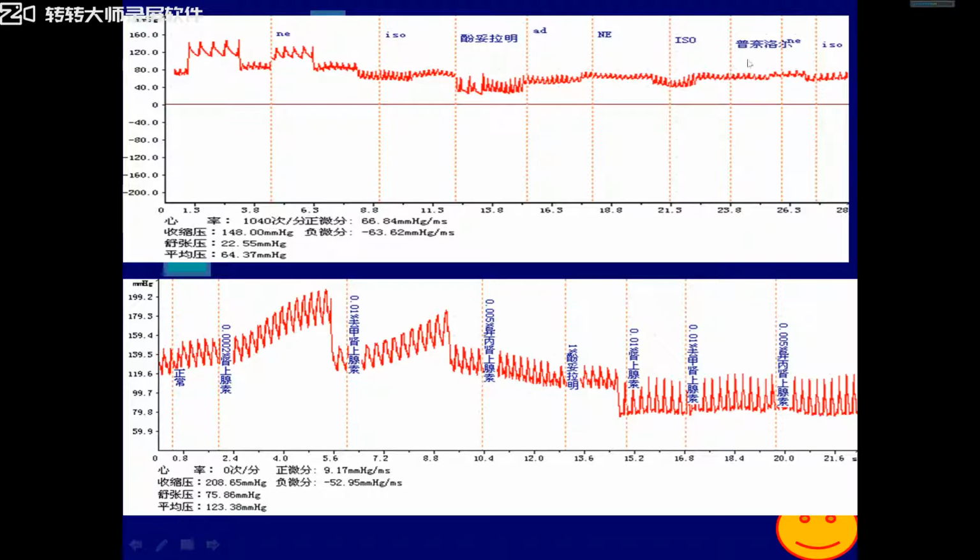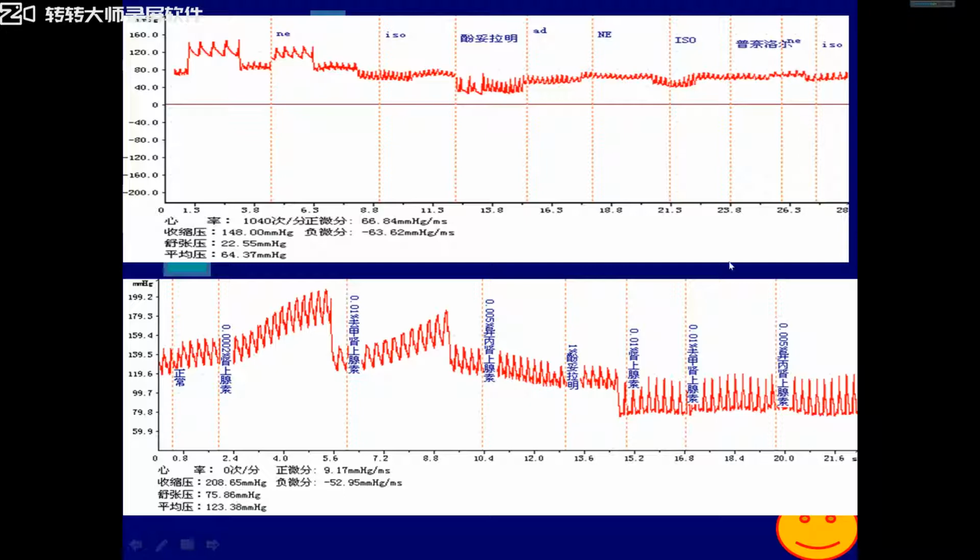And the last drug, the last blocker, is propranolol. We injected propranolol to reduce the blood pressure, and we gave adrenaline, noradrenaline, isoprenaline again. It couldn't increase blood pressure, or only a little increase.